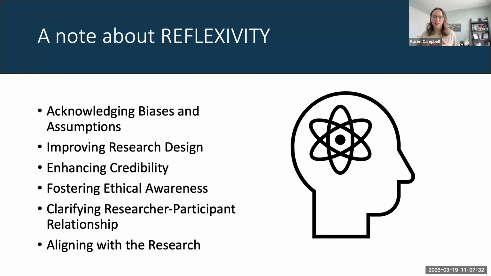I think that's really important as applied qualitative researchers, because we often are invested in the outcome of what we're doing with the people we're working with. And when we are reflexive about what we're doing, it helps to keep us in alignment with the research, and largely the research questions, thinking about what are our motivations, our interests here, and are we asking the right questions to the right people to answer our research problem.